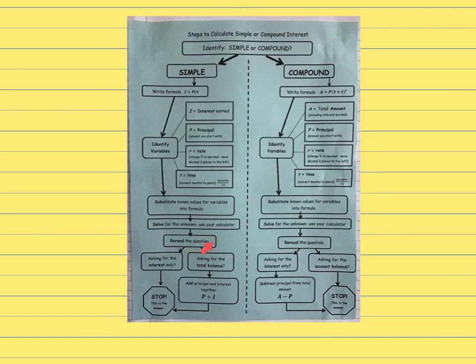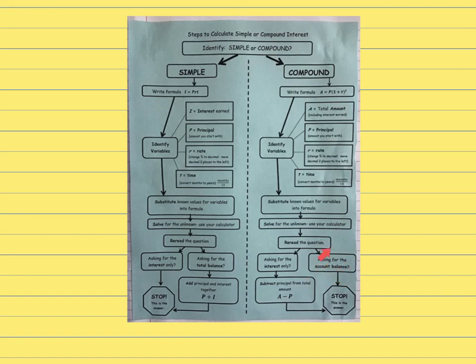Once you know what they stand for, substitute in the actual number values for the letters, then solve it. Then reread the question and know, is it asking for interest only? If so, stop. Is it asking for a total amount? Then in simple interest, you would add them back together. If you're in the compound section and it's asking for interest only, remember we just had to subtract the total amount minus your starting value.